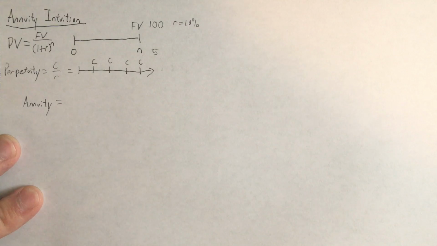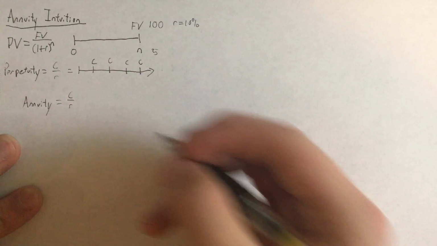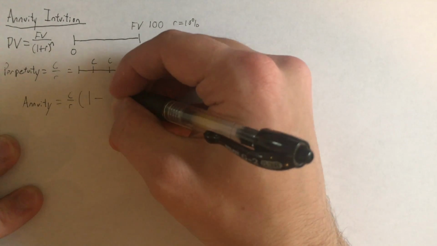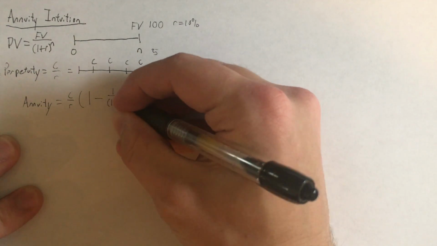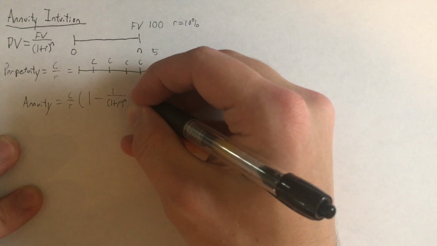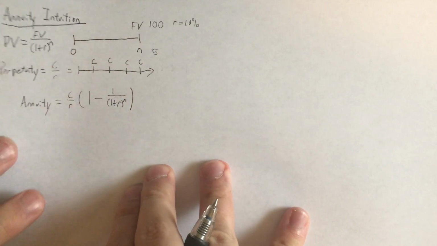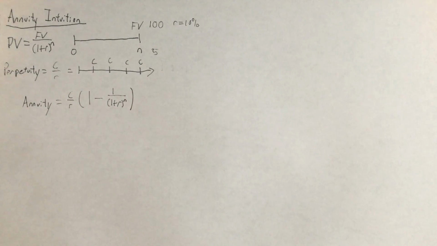The typical formula you get in finance textbooks is, you start off with the perpetuity formula, right? And then they add in this junk right here: 1 minus 1 over 1 plus R to the nth power. They usually add something for future value at the end, but I'll cover that in a minute just to keep things simple.